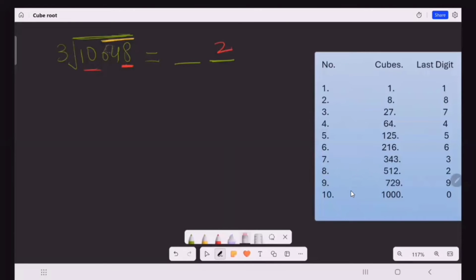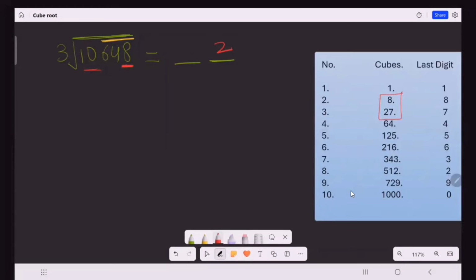Our next step is to ignore the first right three digits of 10648. The right three digits are 648. After ignoring these, the number remaining is 10. Now I'm going to find where this number lies in our cube column. The number 10 lies between 8 and 27.